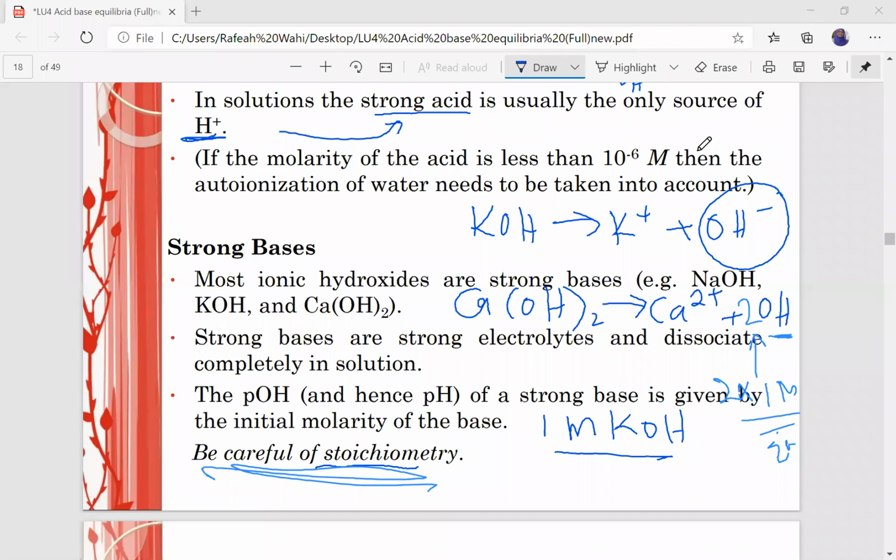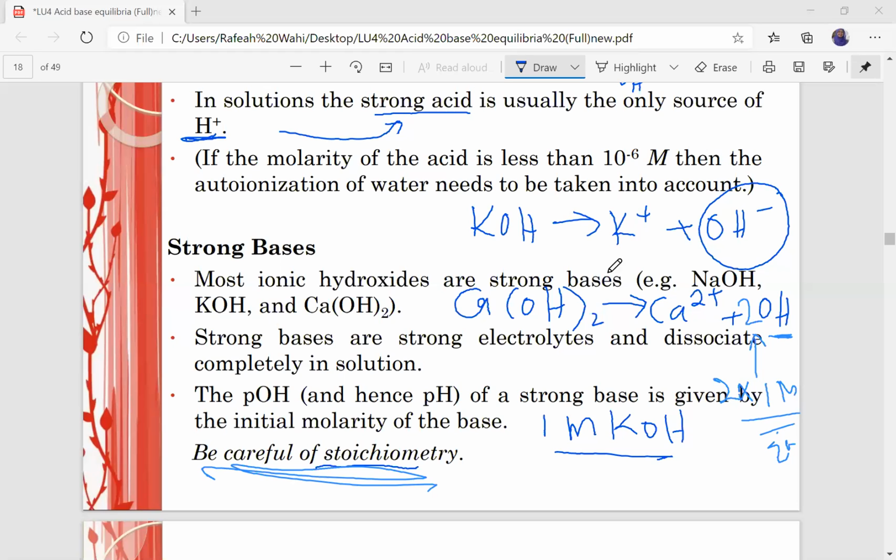And Monica asks, I am quite confused about equilibrium constant and water constant. Okay, there is an equilibrium constant for acid, an equilibrium constant for base, and for water, we have water equilibrium constant.